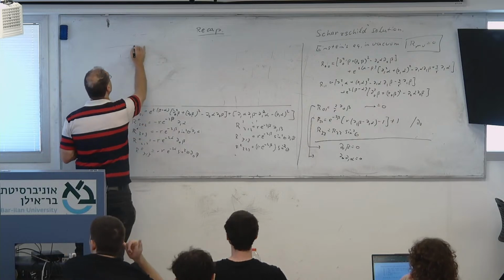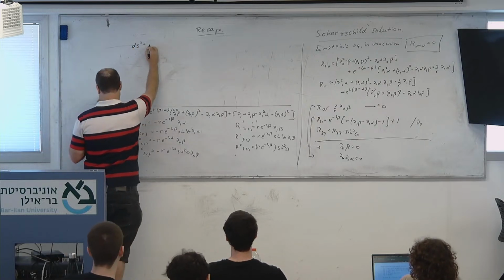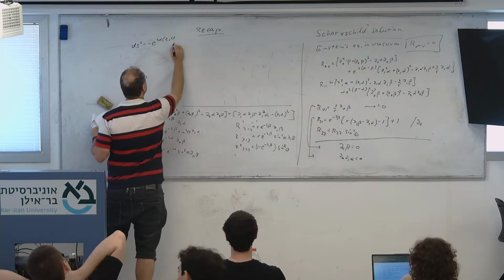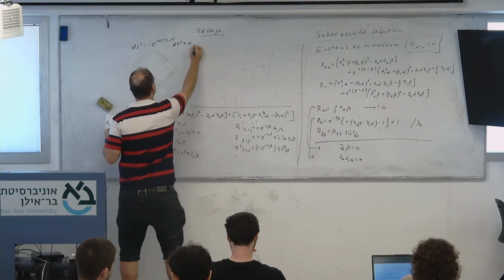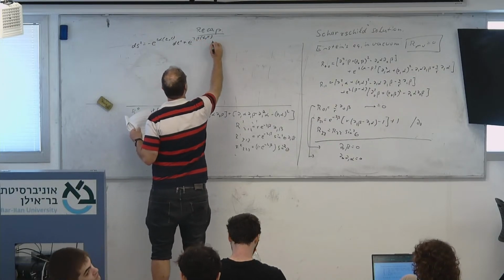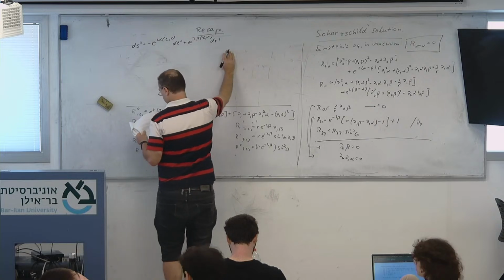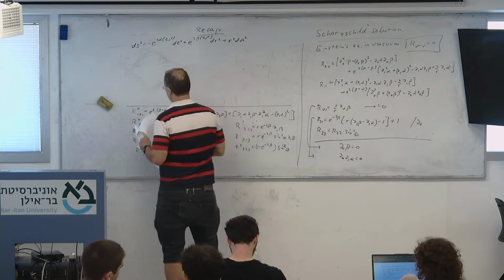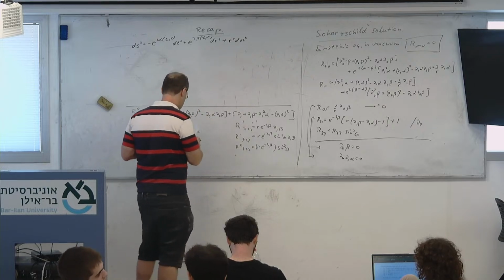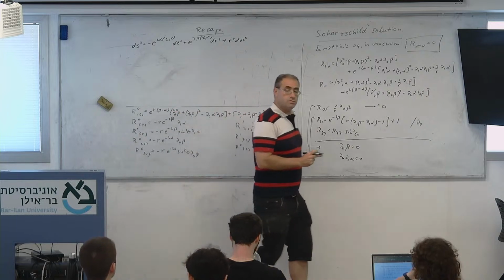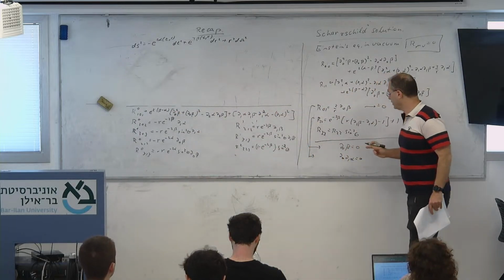Remember the metric we had was ds squared equals minus e to the power 2 alpha dt squared plus e to the power 2 beta dr squared plus r squared d omega squared. So if the derivative of beta with respect to t is equal to 0, what does it mean?